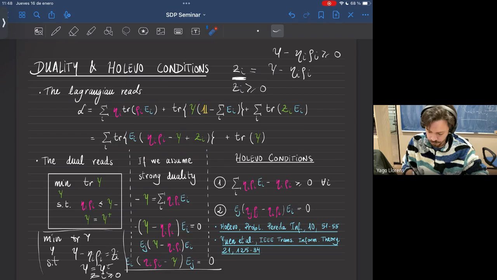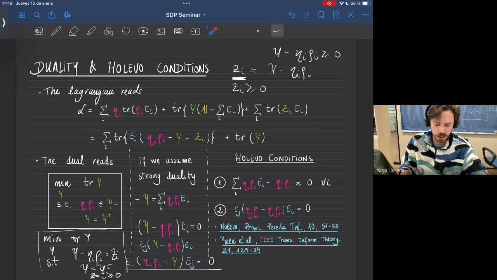And moreover, if we multiply on the left by some other POVM element, Ej, this is also equal to 0. So at the end, we have this condition for every I and J, and we can use two of them to obtain the second level condition. The first one arises from this condition, and this one arises from complementary slackness.